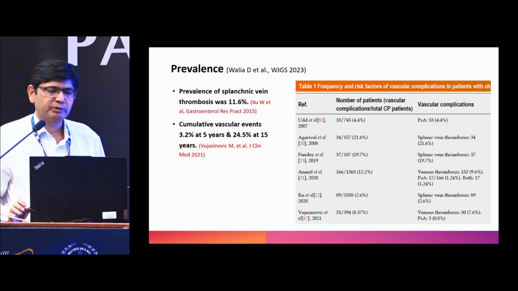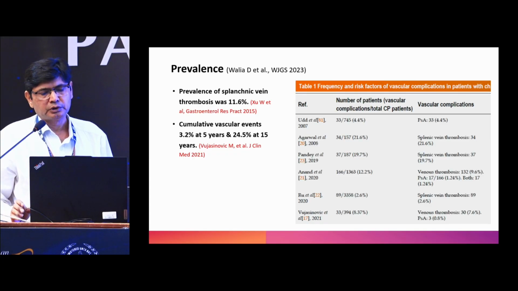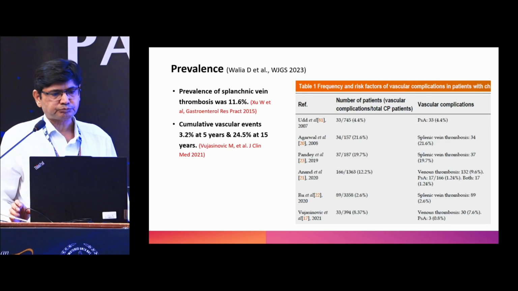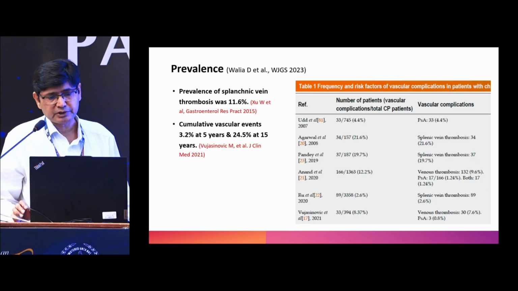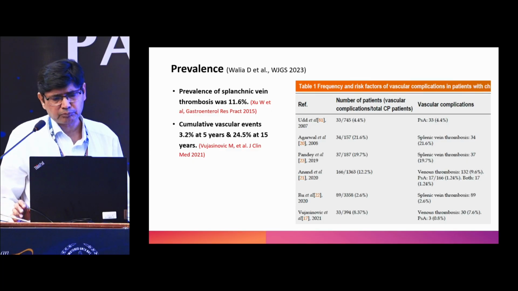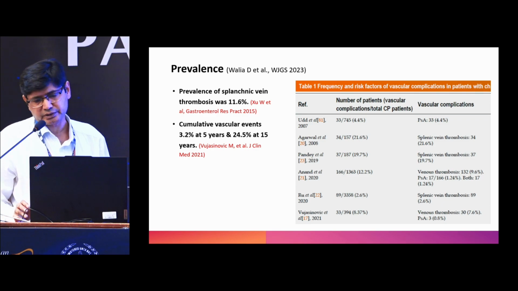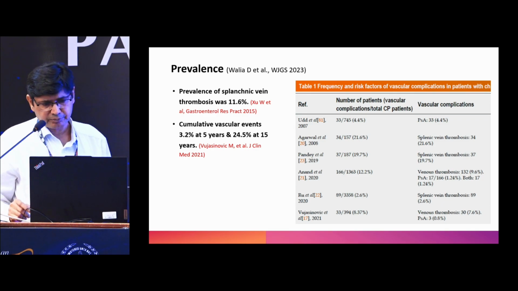Prevalence varies among studies, and it is lower in Western literature than in Indian or Asian literature. From our study published in 2008 by Dr. Agarwal, it was around 21% in our series. One series from Maharashtra, I think published in 2019, also had an incidence of around 20%.